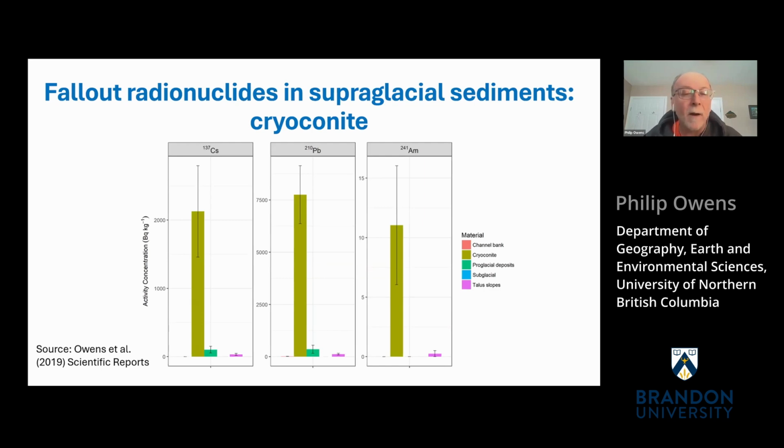We weren't anticipating finding the material so contaminated. To put that into some context, these radionuclides are way higher than anything else we typically find on the planet, like soils and material we get from lakes and wetlands.